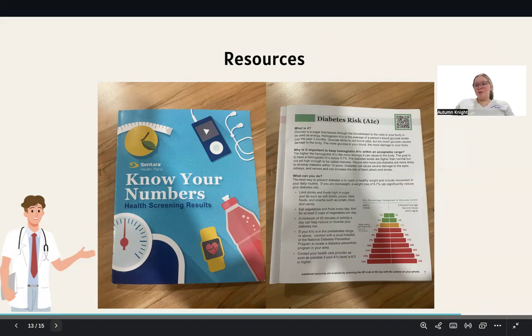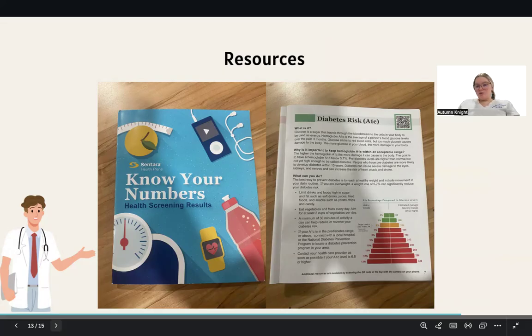So you can tell that it breaks it down in simpler terms as well for patients to understand. And also within this booklet, it has a range of normal A1Cs, prediabetes A1Cs, and diabetes A1Cs. So it's very good. It provides a lot of information.